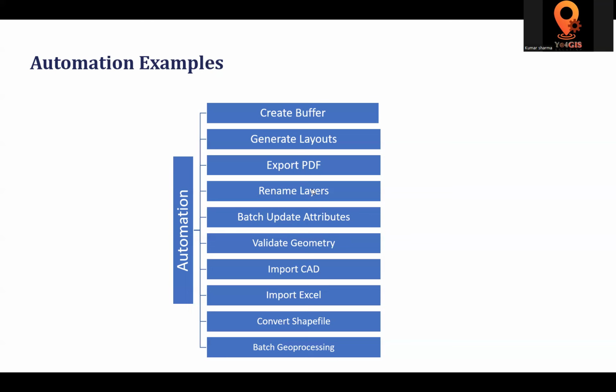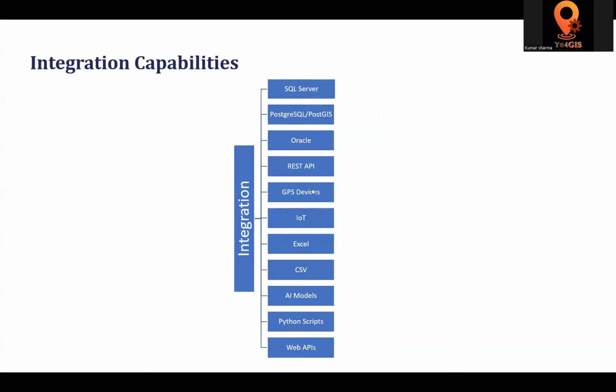You just try to do this. If you have 100 feature classes, you are going to spend at least 1 hour, because you have to open the feature class, get the count, write the count, and prepare the report. But if you know customization, the same work I can do in front of you in 5 minutes. So this is the power of customization using the ArcGIS Pro .NET SDK.